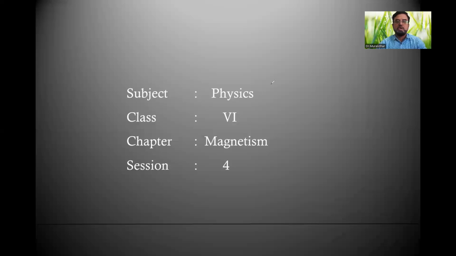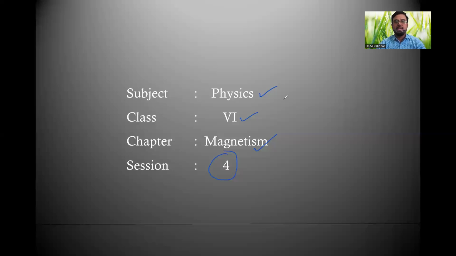So, as you all can see on the screen, and you are well aware, my subject is physics. We are in class 6th, our ongoing chapter, magnetism. Today we are entering into session number 4.